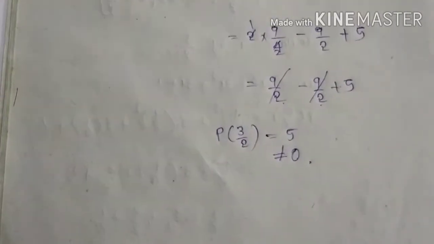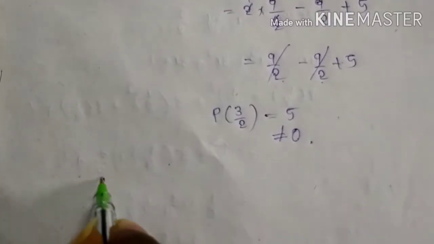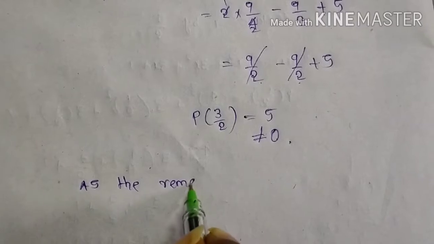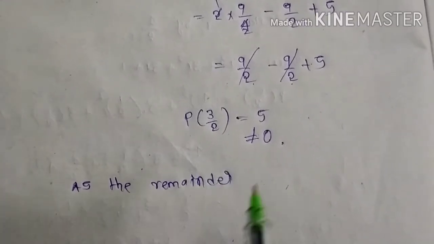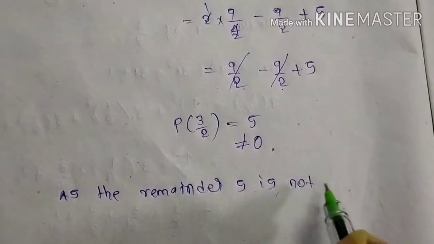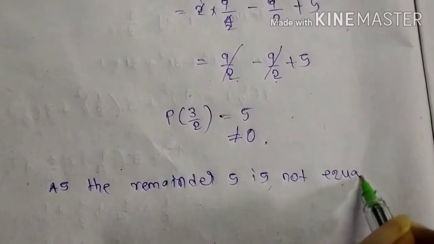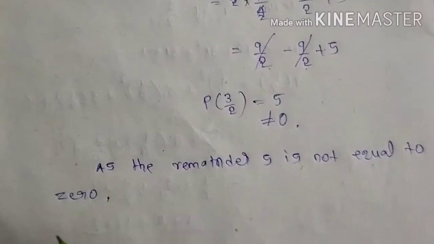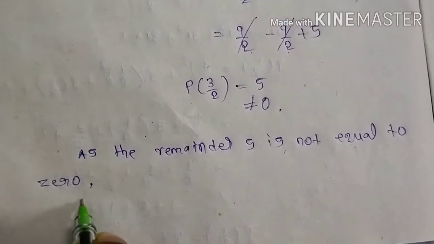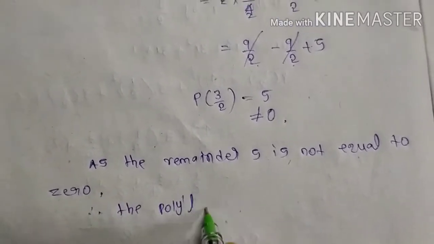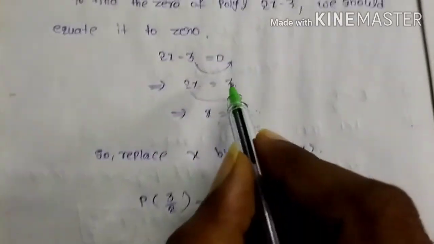That means you can write here clearly, as the remainder 5 is not equal to 0, therefore the polynomial, which polynomial, that is here 2x minus 3.